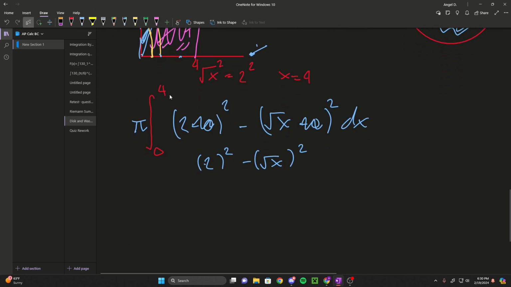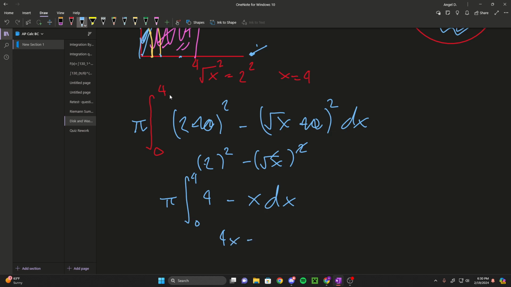And that's what our integrand is. Now, if we simplify a little bit, we have 4. So we have the integral from 4 to 0, pi on the outside, 4 minus x dx. All right, this is a very simple thing to integrate.